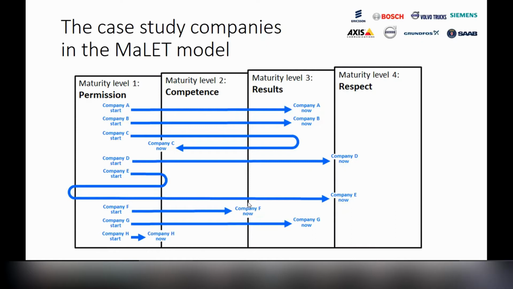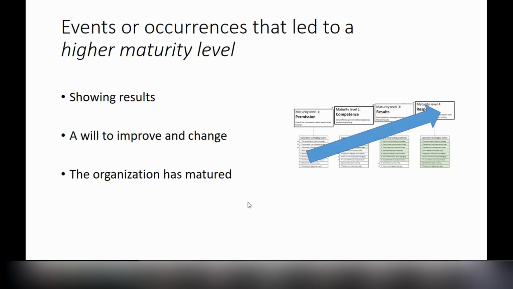Okay, so we also asked what are the factors that can take you to a higher maturity level. And there were 3 things that were brought forward by the companies. One was showing results. When you start using exploratory testing, and after a while you see benefits, that it's a good way to find tricky problems, then the interest from both developers and management seems to grow.